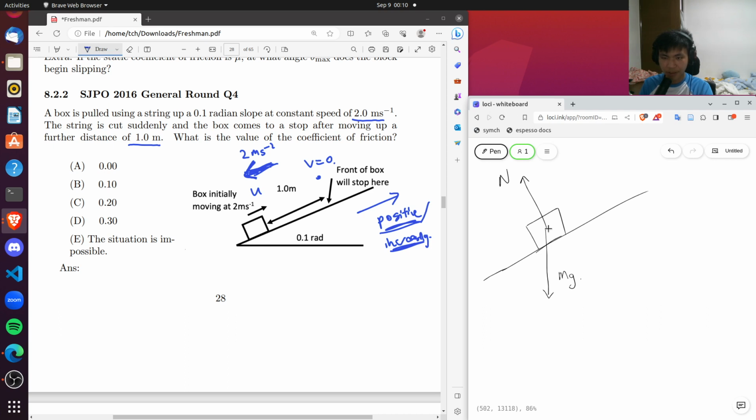The box is traveling upwards with some velocity, even though it's accelerating downwards. Remember, friction cares about the sliding motion, and the box is sliding upwards. So friction will oppose that and try to stop it, so friction will be pointing downwards.